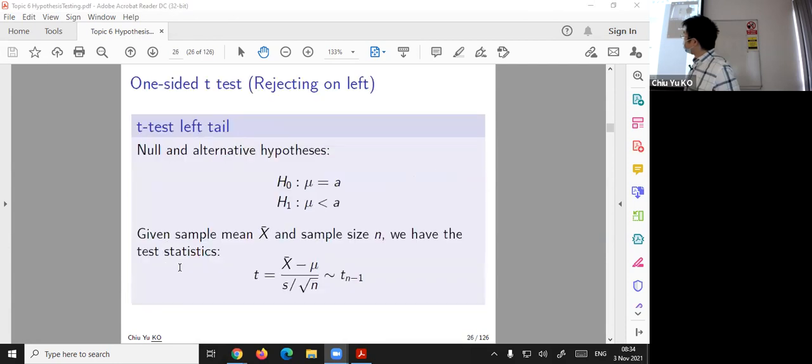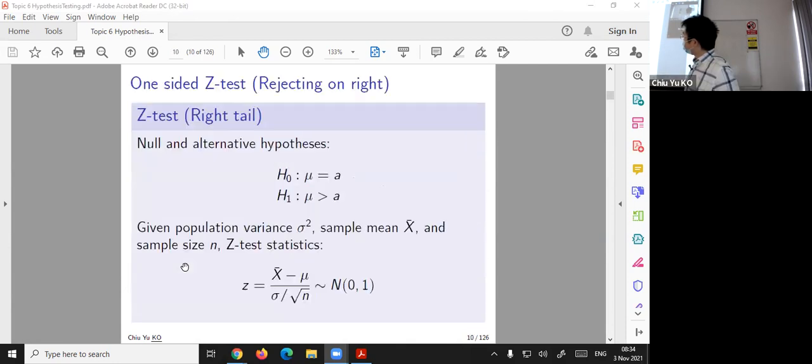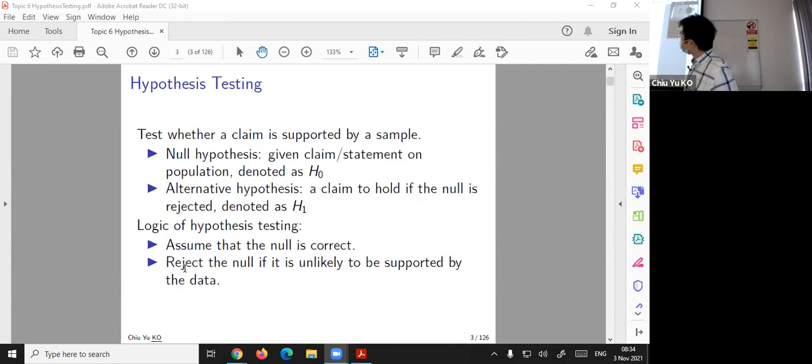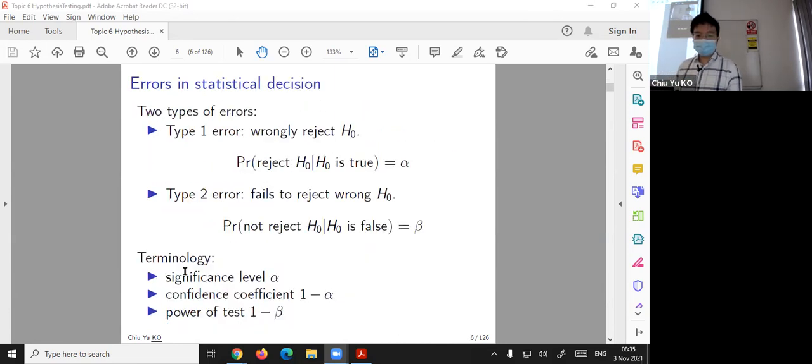Basically, the idea of hypothesis testing is you have something to test, which is H null, and assume H null is correct. You derive the test statistic, and you see whether the test statistic is above the critical value, or the p-value is larger or smaller than your significance level alpha, okay? So we have two different ways to do it.